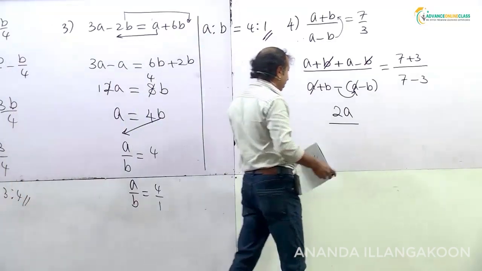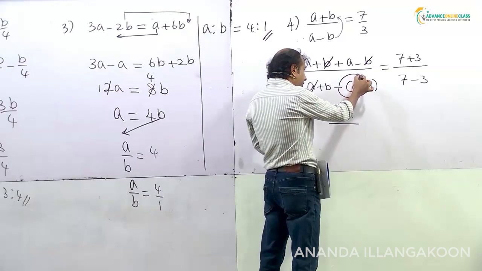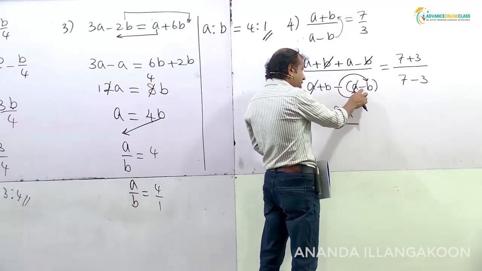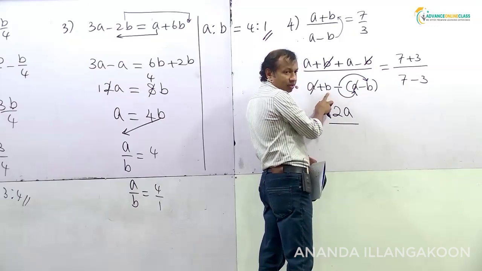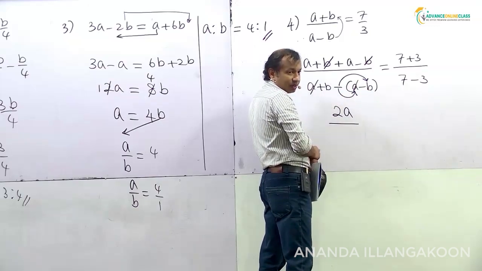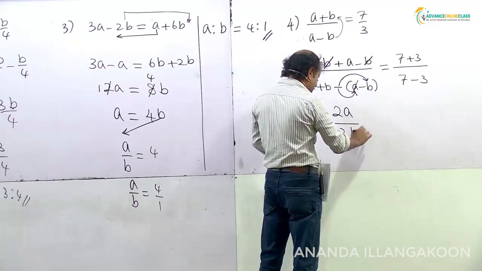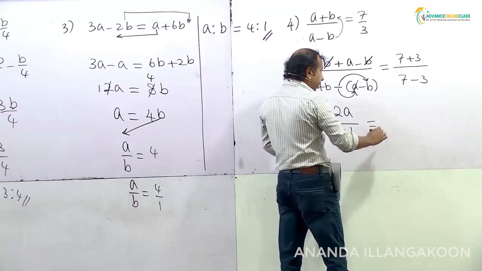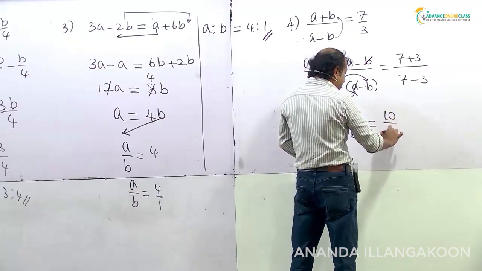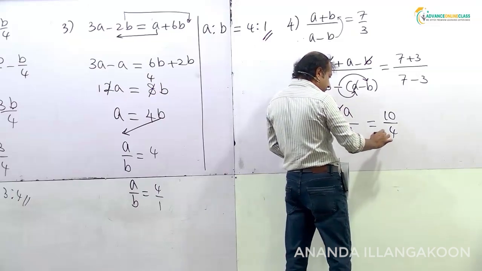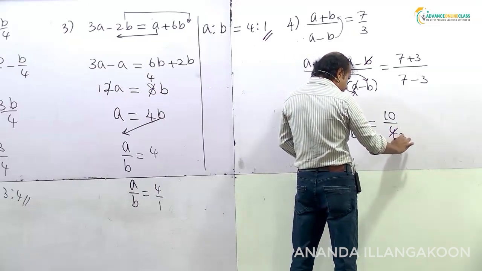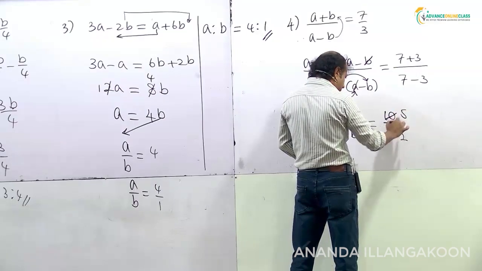Another one here. Minus and minus is plus B. Here also another B is available. B plus B is 2B. Come to the right hand side: 10 divided by 4. Cancel this 2 and this 2. 4 by 2 is 2, 10 by 2 is 5.